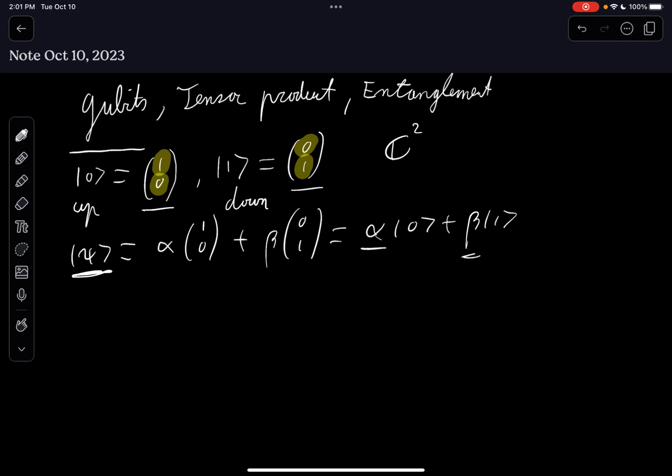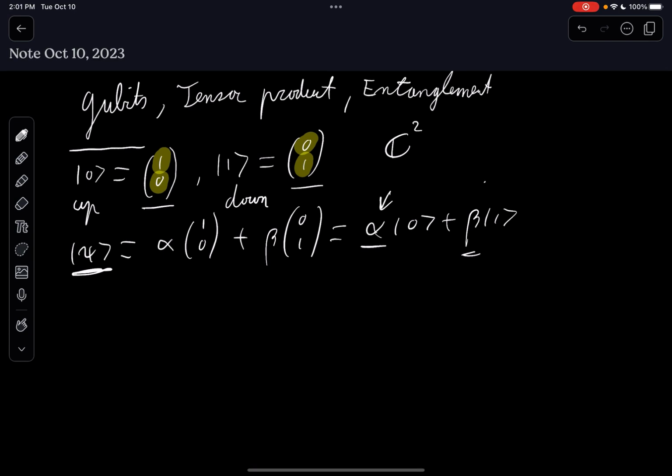Okay, can these alpha and beta be anything? Well, they also have some interpretation. They're also called amplitudes in quantum mechanics, but coefficients also works just fine. And the question is, what do these amplitudes or coefficients represent? Well, now we chose a very specific basis here.